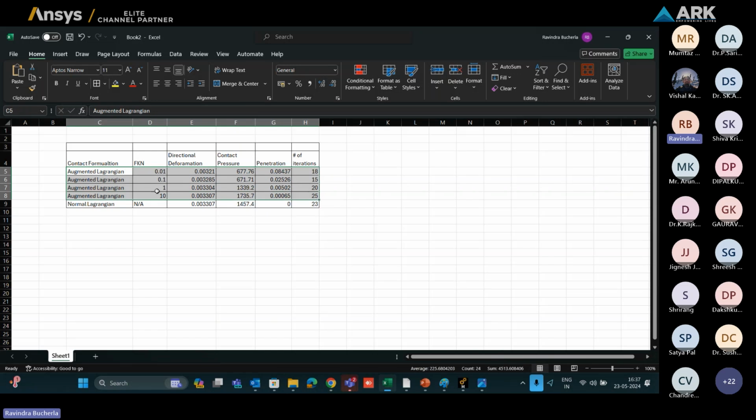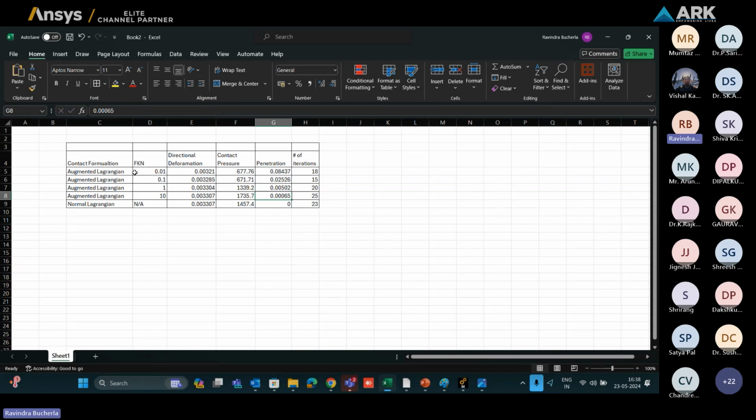Augmented Lagrangian helps in very highly nonlinear cases, which cannot be solved using the normal Lagrangian. If you go with normal Lagrangian, the penetration will be 0. If you go with augmented Lagrangian, there will be some penetration. That penetration will depend upon the factor that we multiplied with the stiffness. You can see, if we go with a very small number, penetration is more. If we increase the stiffness factor to 10, the penetration is less.